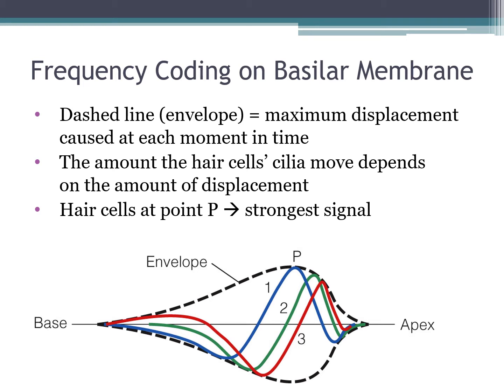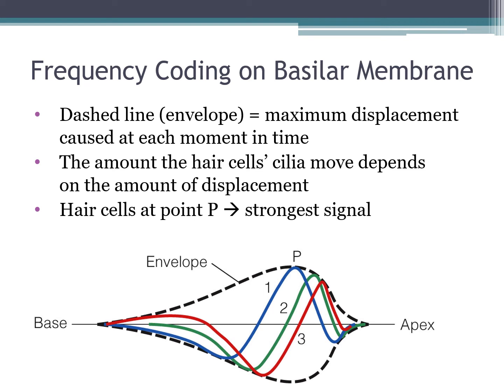Where we see the largest amount of displacement is where we're going to see more bending back and forth of the inner hair cells' cilia. That movement depends on how much the basilar membrane is being displaced, because remember, it's causing this similar back and forth shearing of the tectorial membrane.